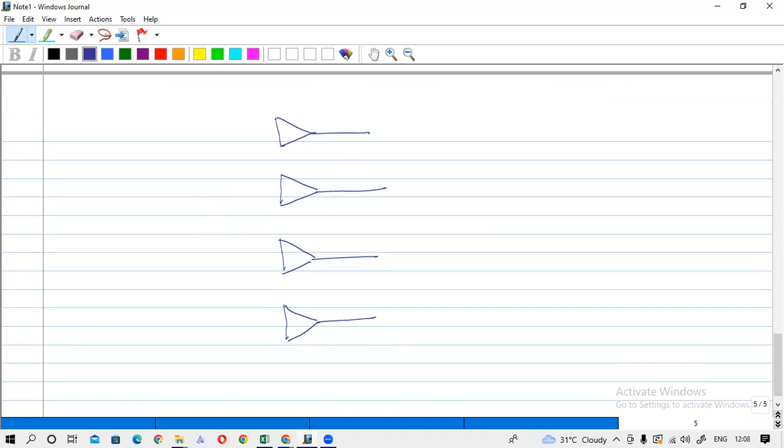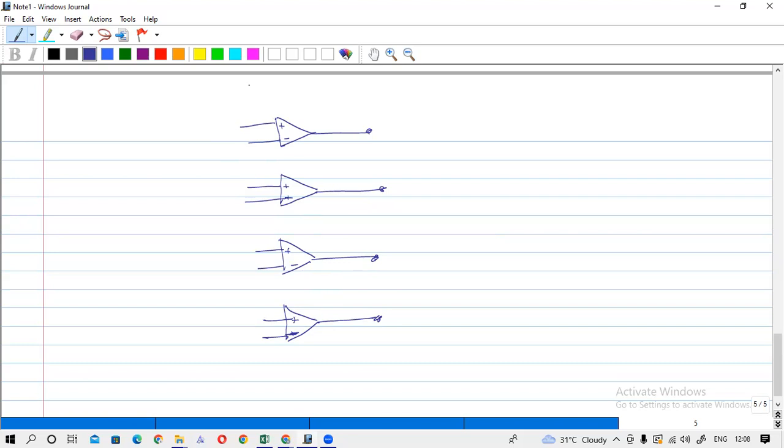This will be plus and this will be minus, for each of them. So there are four voltages.